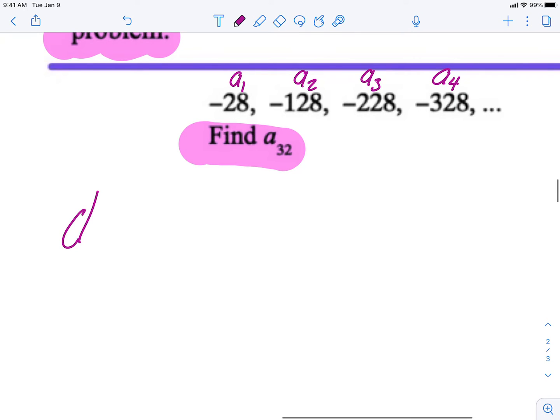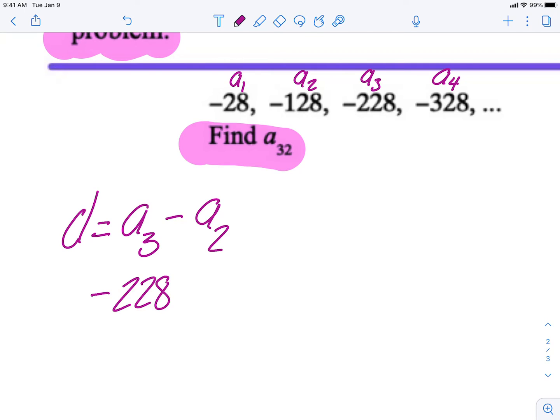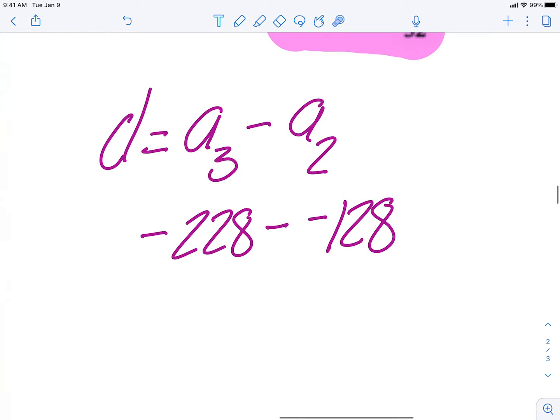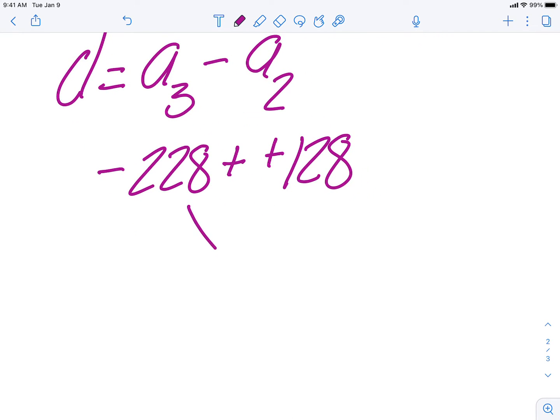So D is equal to the third term minus the second term. So negative 228 is our third term minus negative 128 is our second term. And we remember that minus minus becomes plus plus. So these two are not the same sign, so we subtract.